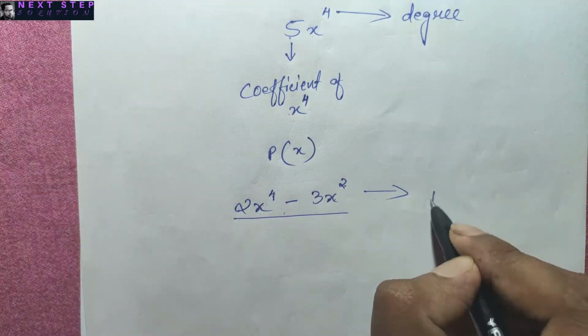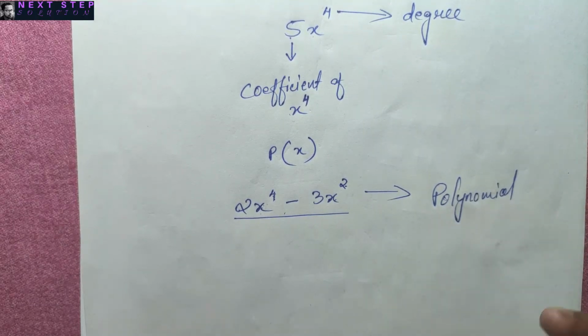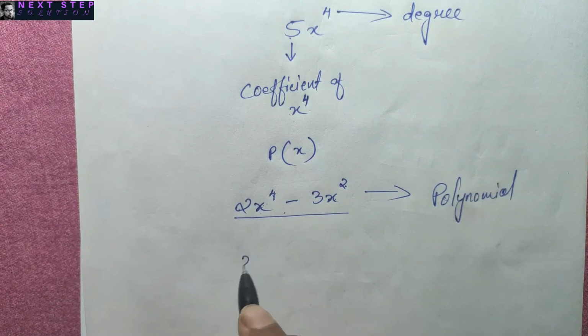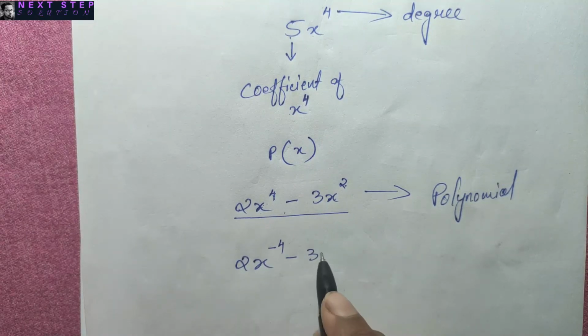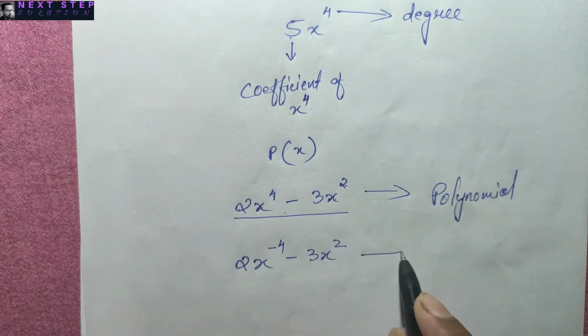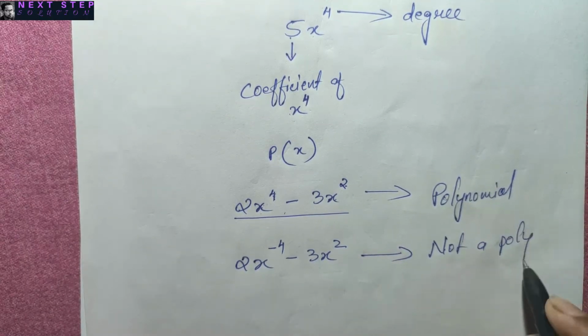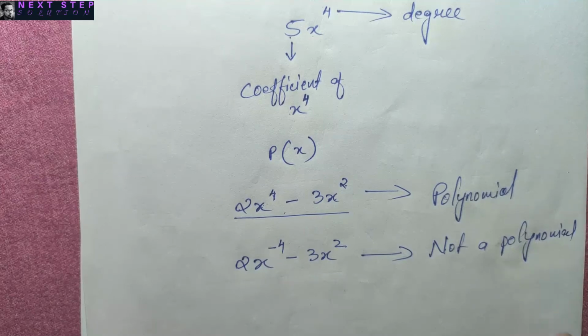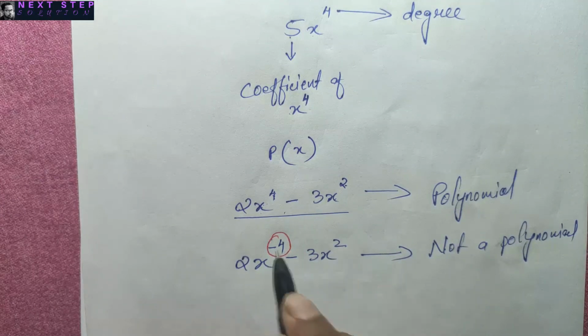So this is a polynomial. Then suppose I write 2x to the power minus 4 minus 3x to the power 2. This is not a polynomial, because this power is not a whole number. The power has to be a whole number.